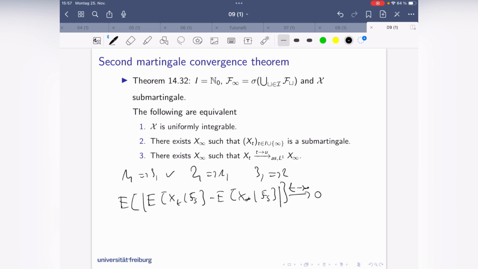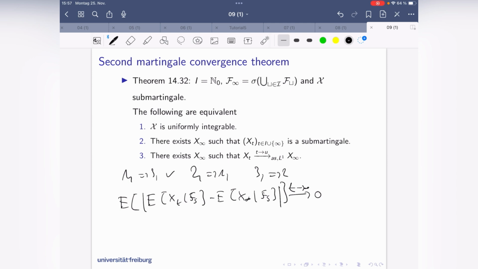So the expectation of this here goes to 0. Because I can bound this here from above by the expectation of xt minus x infinity. But xt minus x infinity, by assumption, goes to 0 because I have the L1 convergence here. So this here is true.